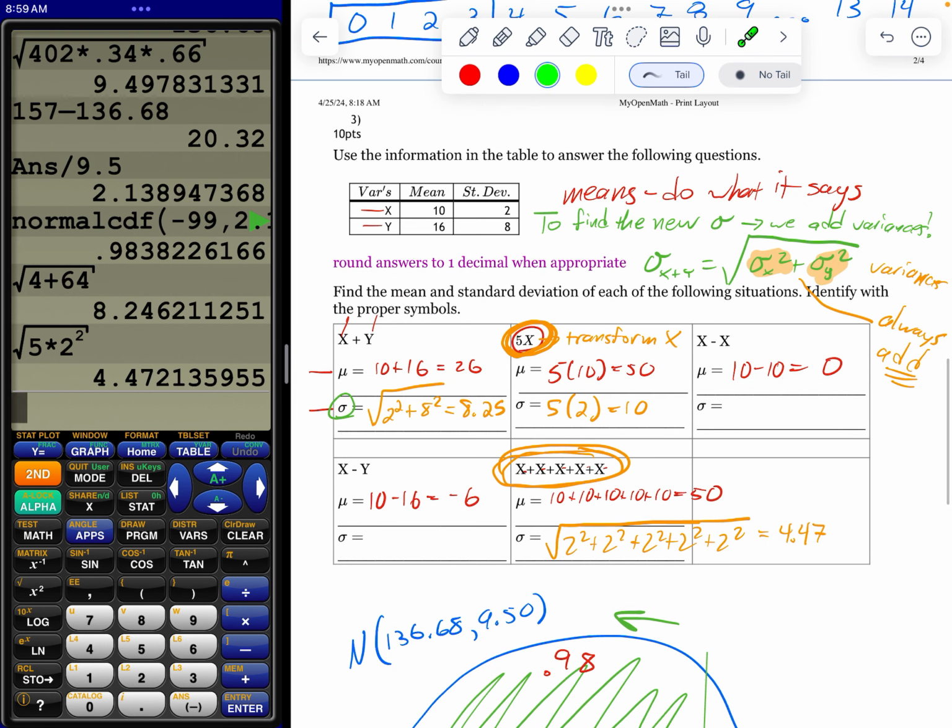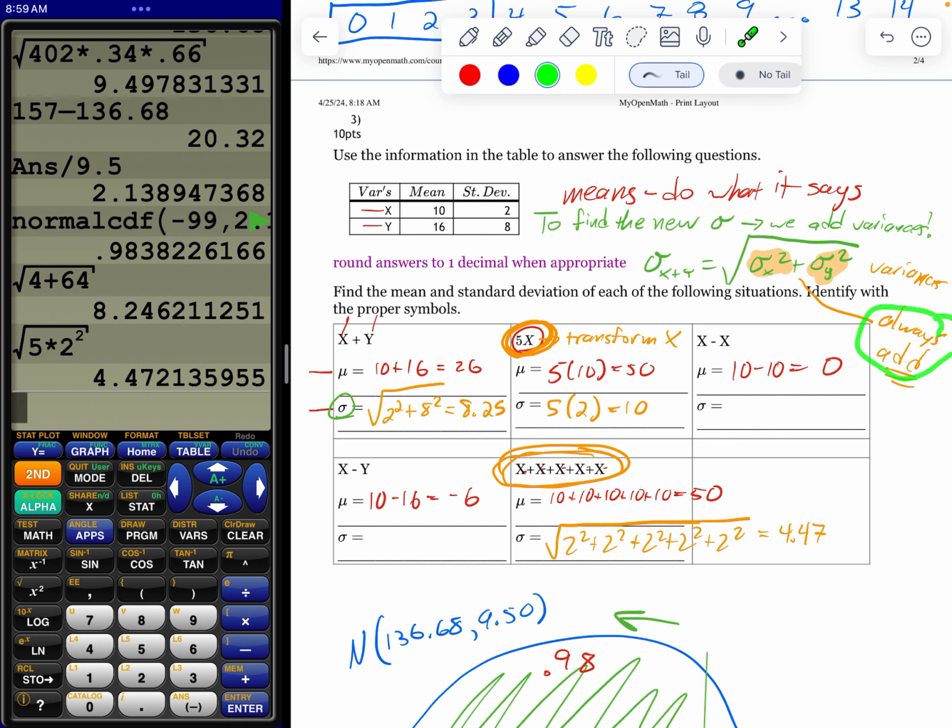Now, the last two are subtractions, and this is counterintuitive. You're like, oh, okay, so we're going to deal with variances, and you're maybe thinking, well, I'm going to subtract them because I'm subtracting the data. But no, standard deviation and variance always increases when two data sets are being combined in any way.